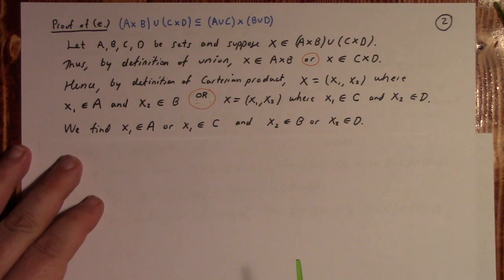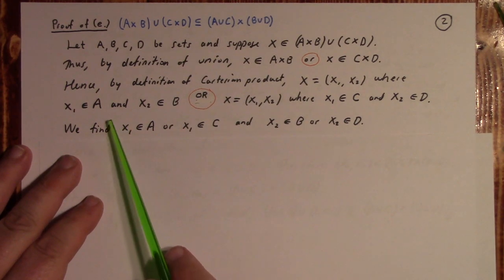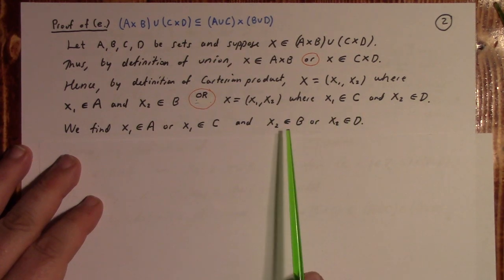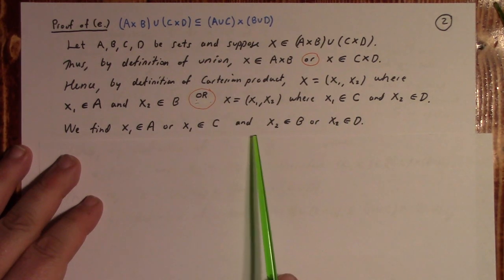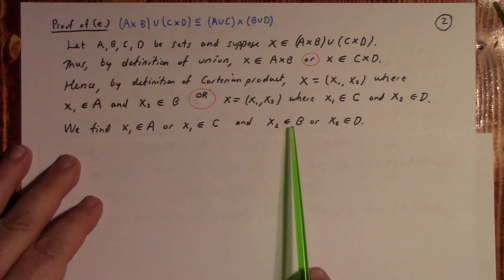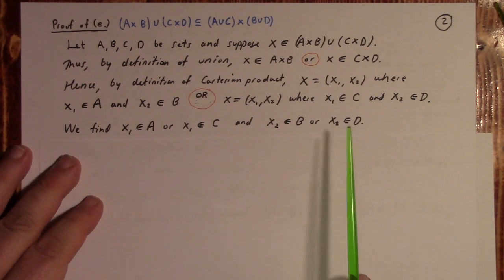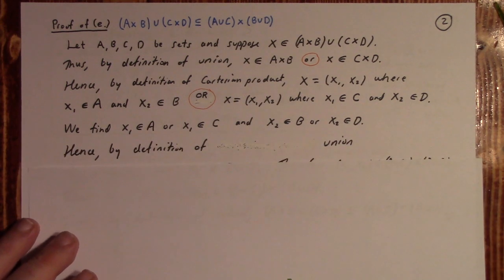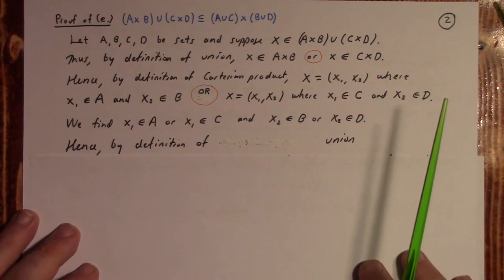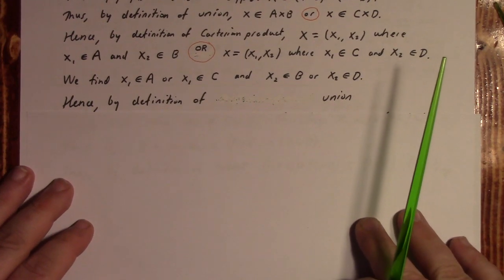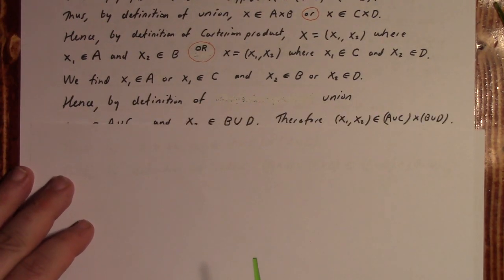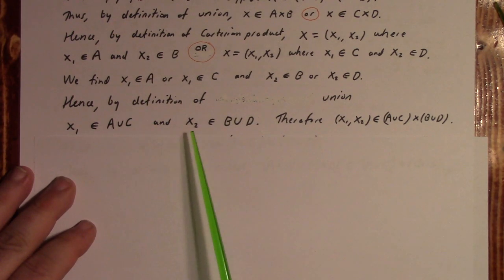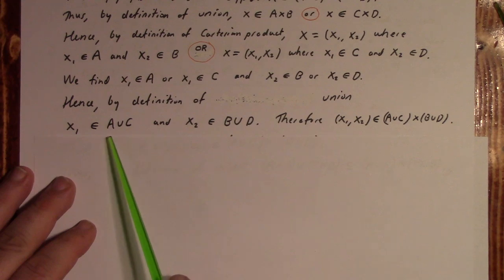Then we find X1 is in A or X1 is in C, and X2 is in B or X2 is in D. All right. So hence by definition of union, X1 is in the union of A and C, and X2, and rather not or, but and.